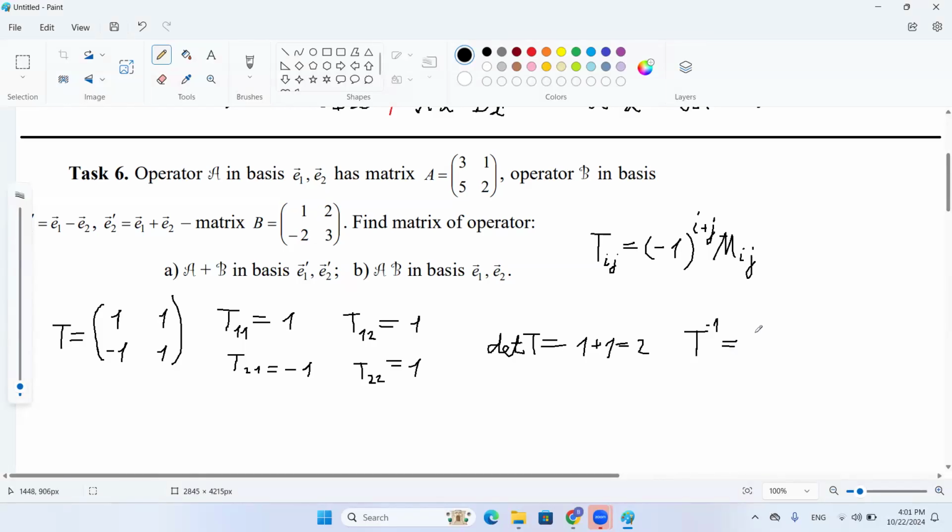So T minus 1 equals 1 second multiplied by 1, 1, -1, 1.